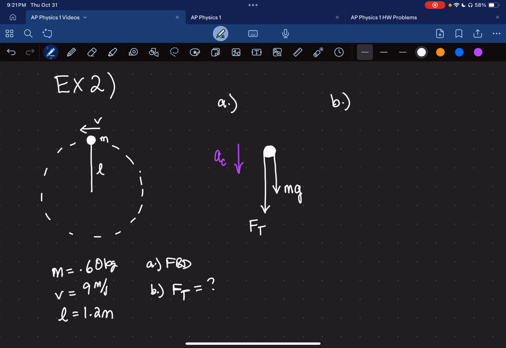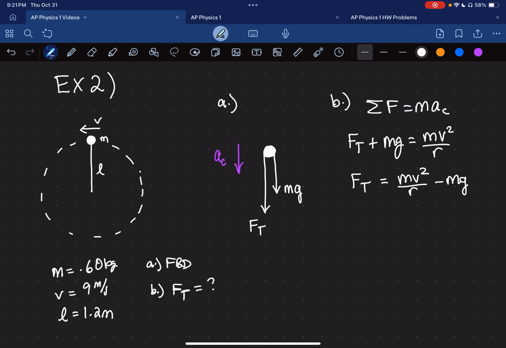Let's continue with part B and figure out the tension force once again. F equals ma. Sum of forces equals ma. We'll write Ft plus mg equals mv squared over r. And of course, to isolate T, we will write mv squared over r, we subtracted mg from both sides.